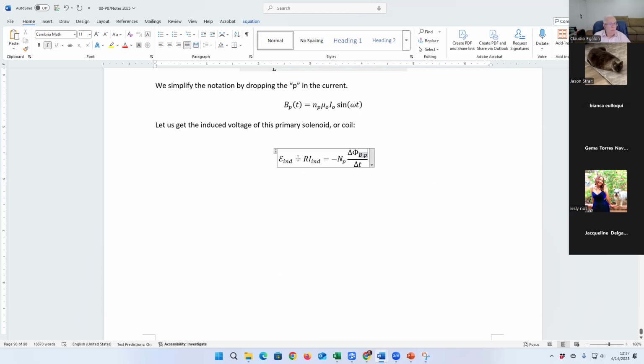That's the electromotive force induced in the primary coil. Okay?